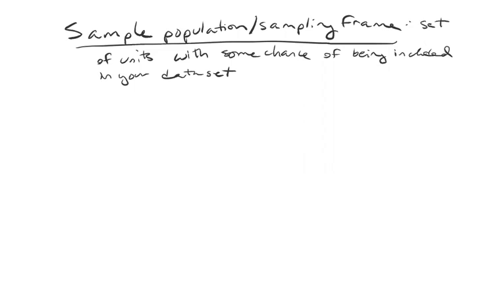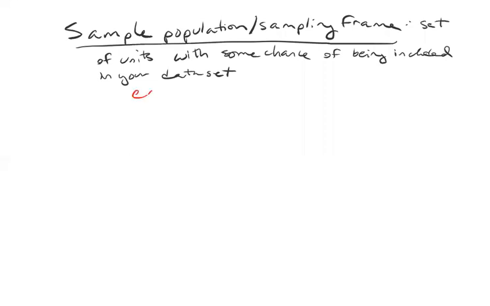Or if you think about an example of surveying households across the US, suppose what I'm going to do is take a list of phone numbers and dial some of the numbers on that list. Any household whose phone number is on that list is in my sample population. Any household whose phone number is not on that list, or a household that maybe does not have a landline phone number, is not in the sample population, has no chance of ending up in my data set.